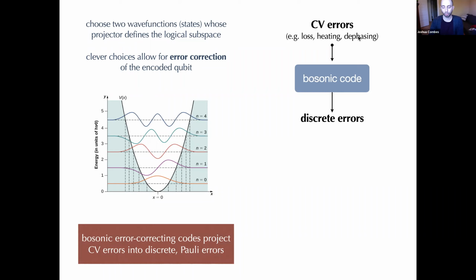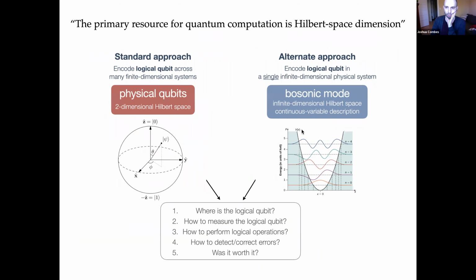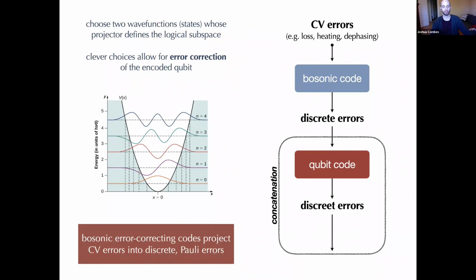And normally we think about, say, qubit codes discretizing the continuous errors that we get. It's slightly different here, and we'll get into those details in the next section. But there is some discretization of the errors, and what people are imagining doing, at least initially, is concatenating these continuous variable codes with qubit codes, and hoping that that would be part of a larger system where you could hope to prove fault tolerance.